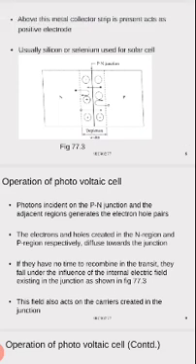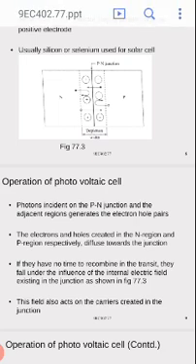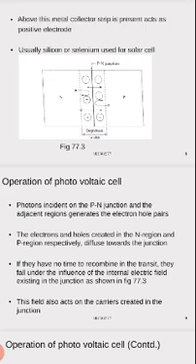If they have no time to recombine in the transit, they fall under the influence of the internal electric field existing in the junction as shown in figure. This field also acts on the carriers created in the junction.